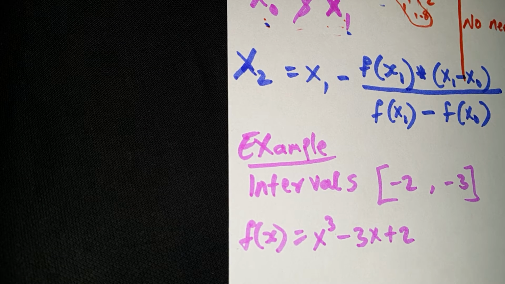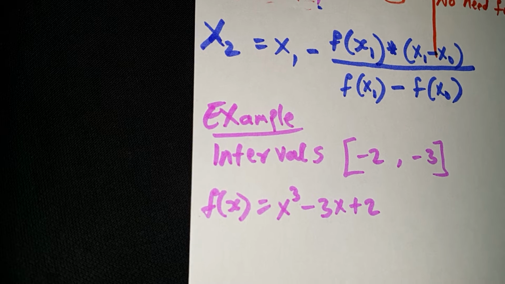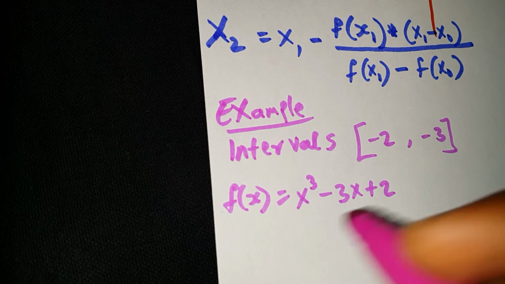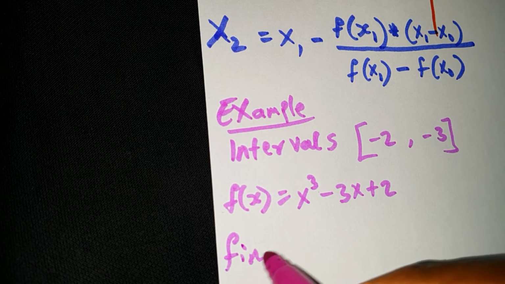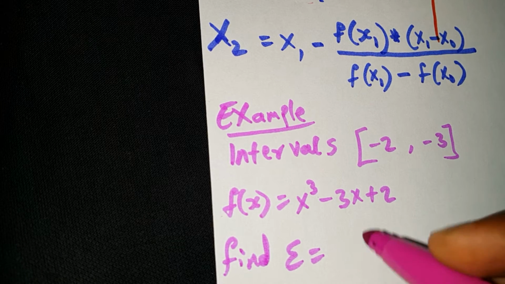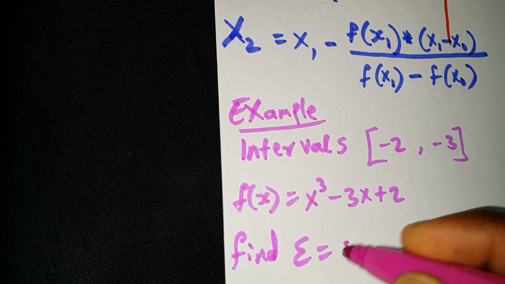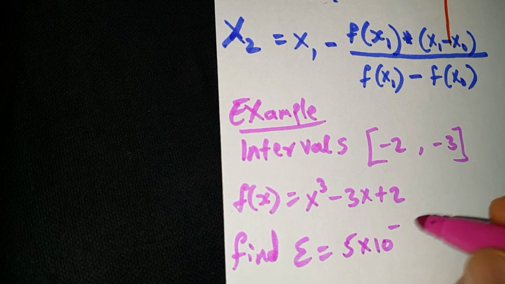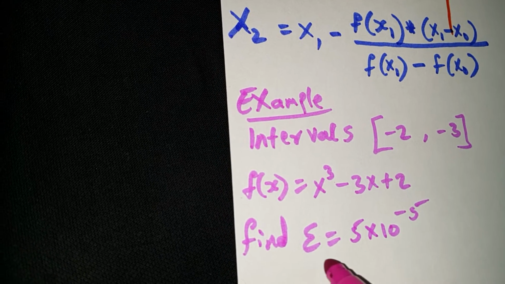This is the question. We are asked to find the error at, let's assume, 5 times 10 to the -5.